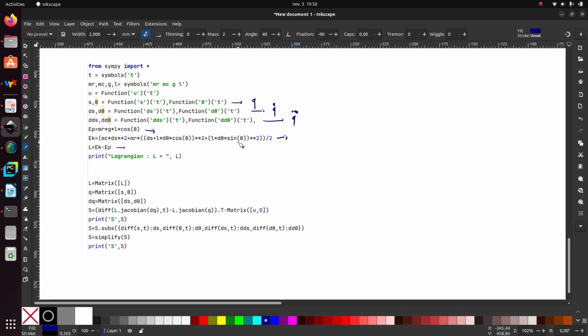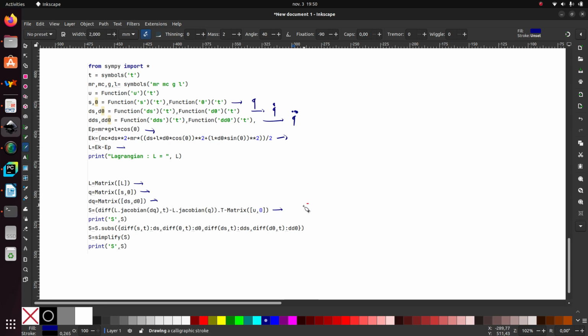Okay. Now in the second step I will have to build some matrices so that I will be able to compute the Lagrangian. So it's a pure syntax due to SymPy. I create here my vector q dot, and here it is my function S, which corresponds to my Euler Lagrange equation.